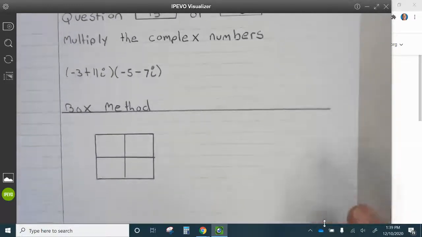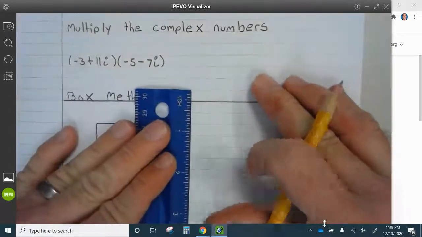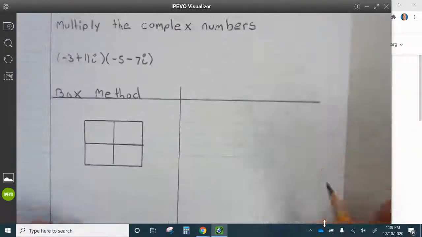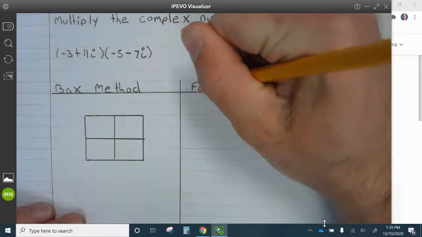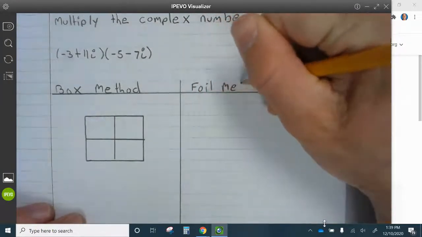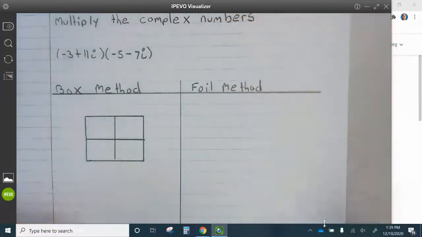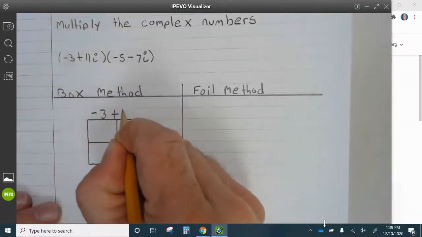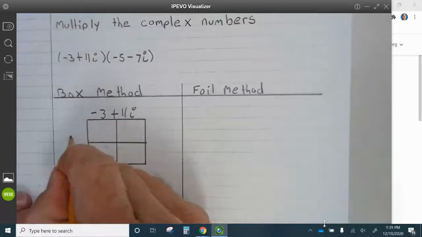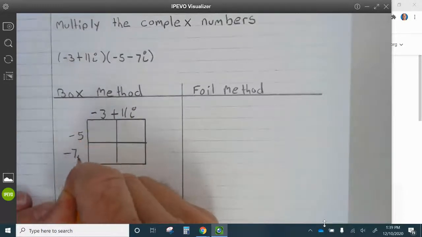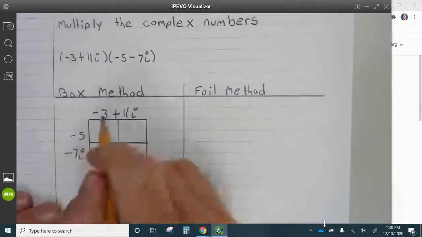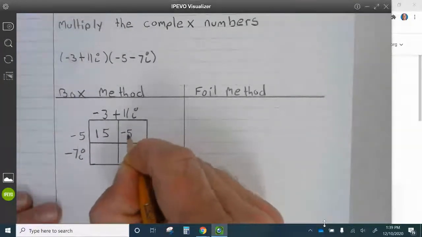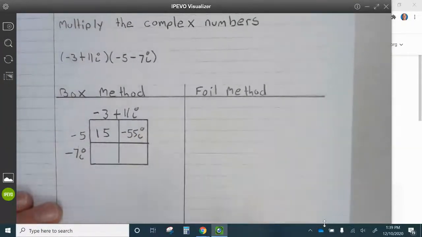So I'm going to start by showing the box method, and then I'll show you the FOIL method, and you can decide which method you like to use to answer the question. Okay, so we have negative 3 plus 11i, negative 5 minus 7i. Okay, negative 5 times 3 is 15. Negative 5 times 11 is negative 55i.